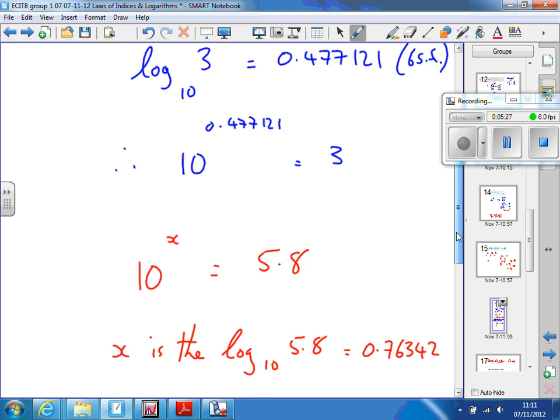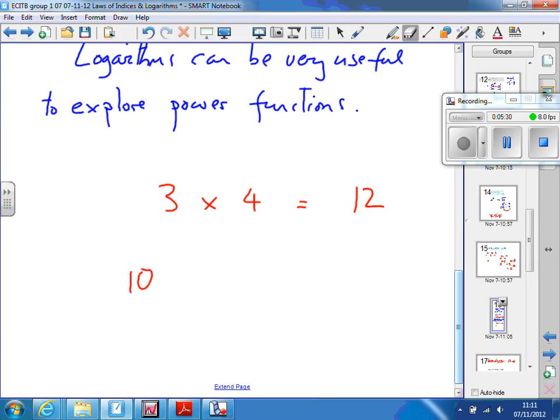So 0.477121. Times 10 to the power of, what would 4 be in terms of 10 to the power something? Log 4. What is that then, please? 0.602. Now, in theory, if I work out what that is, I should get 12.